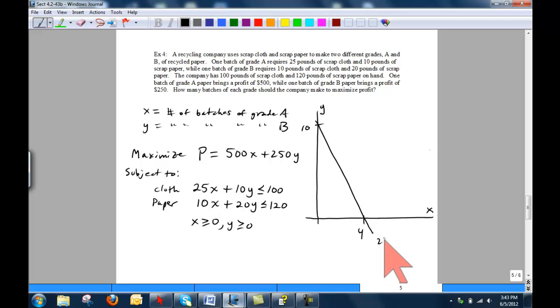This was 25x plus 10y equals 100. And if we look at the second inequality, the x-intercept is 12 and the y-intercept is 6.